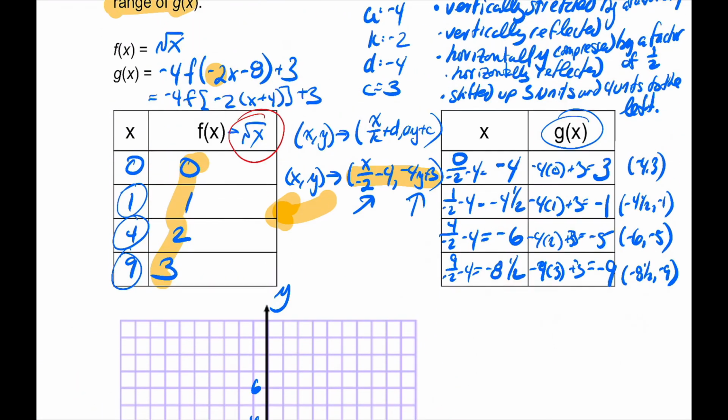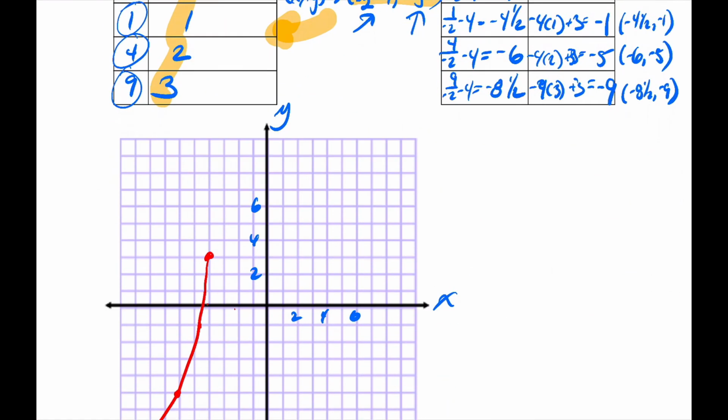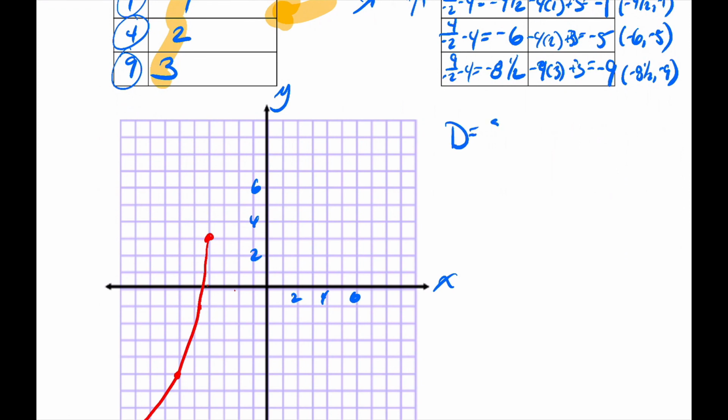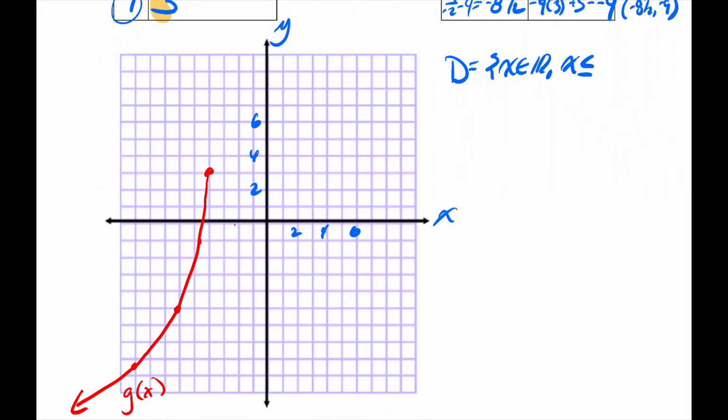So the last thing we look at is the domain and range. The domain of this function is x in the reals, in this case x is less than or equal to -4. And the range is y in the reals, and y is less than or equal to 3 in this case.